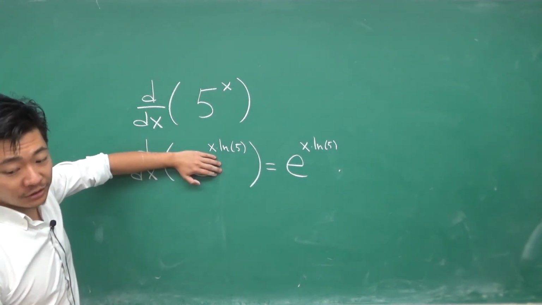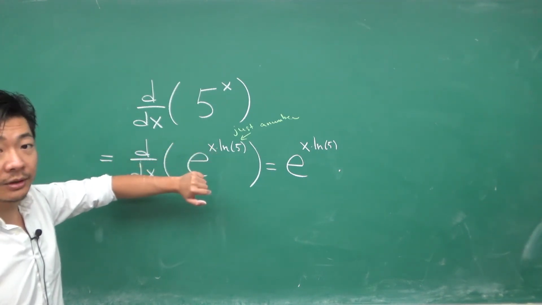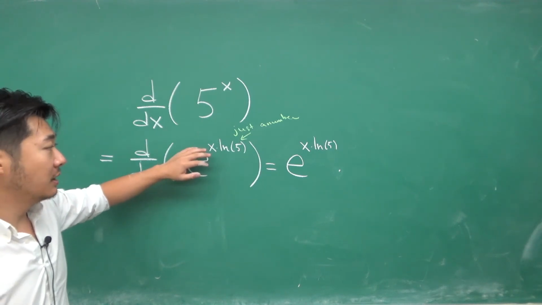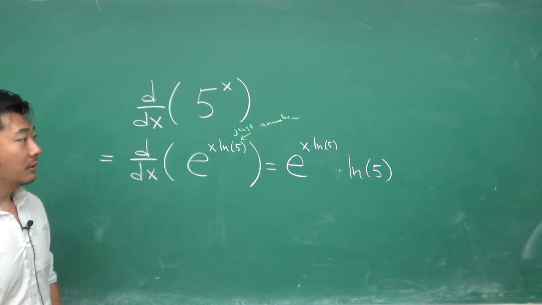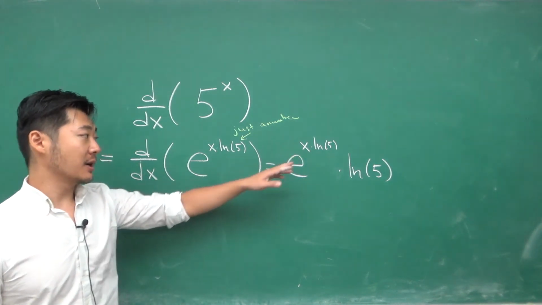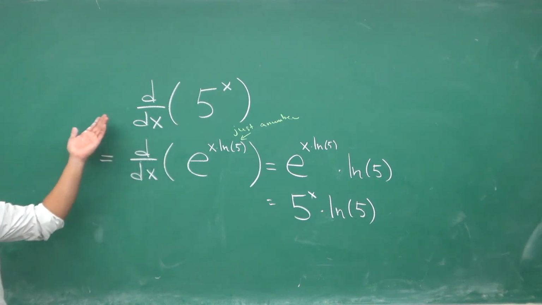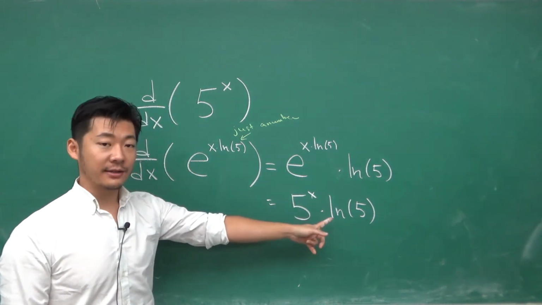Natural log of 5 is just a number, so the derivative of x times a number is just that number. So we multiply it by the derivative of x times natural log of 5, which is natural log of 5, but e to the x times natural log of 5 is 5 to the x. And so the derivative of 5 to the x is 5 to the x times natural log of 5.